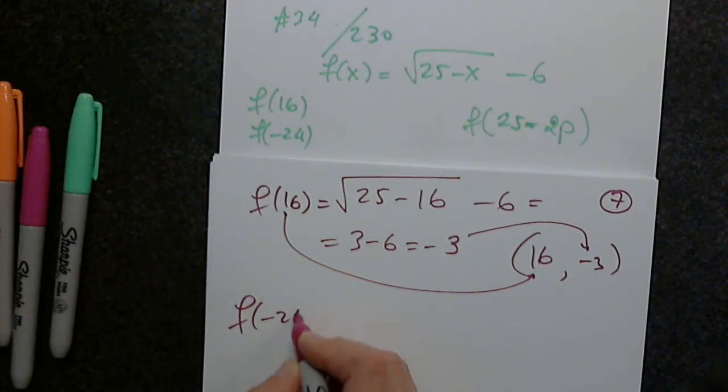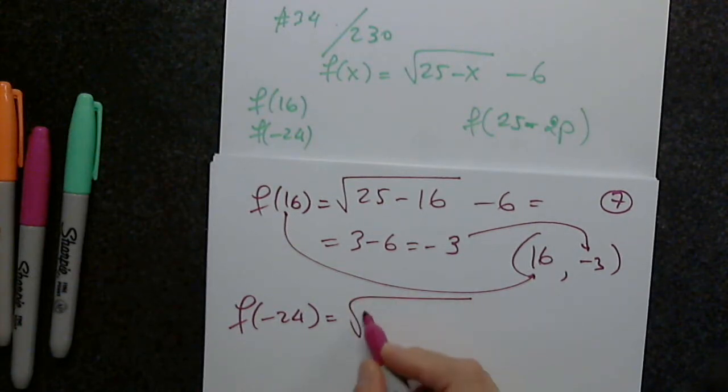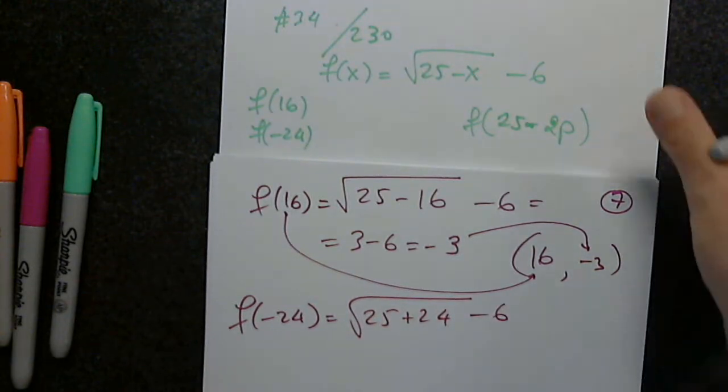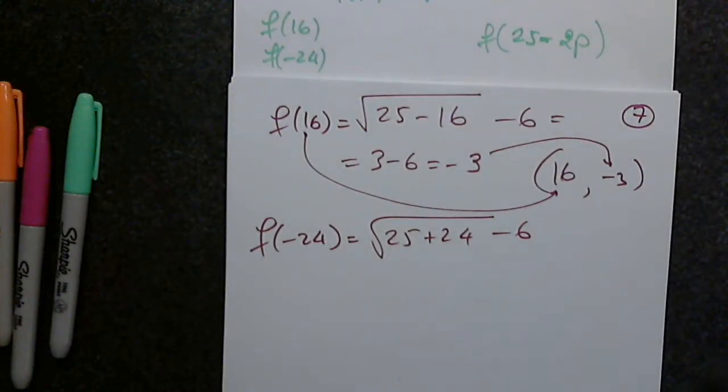Now let's find f of negative 24. What would you say? So you will write it as the square root of 25 plus 24 minus 6. Well, because it's already minus, so 25 minus negative 24 is plus. Explain it again.